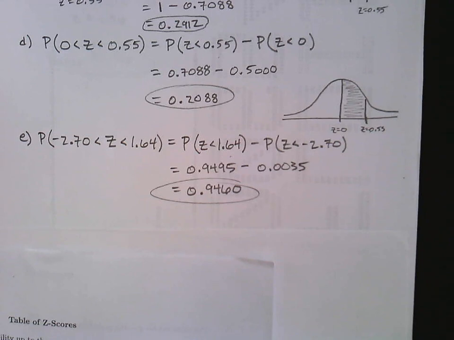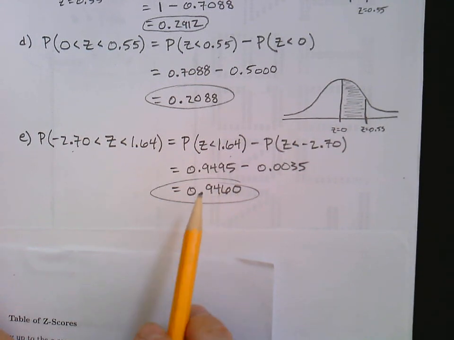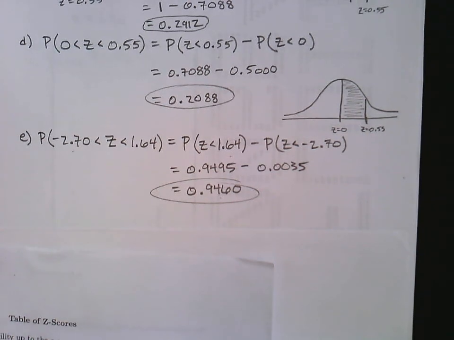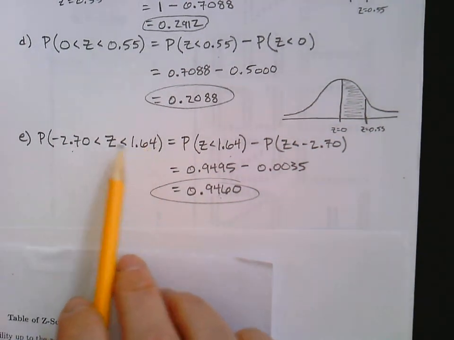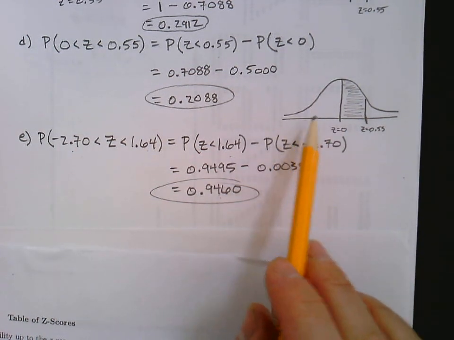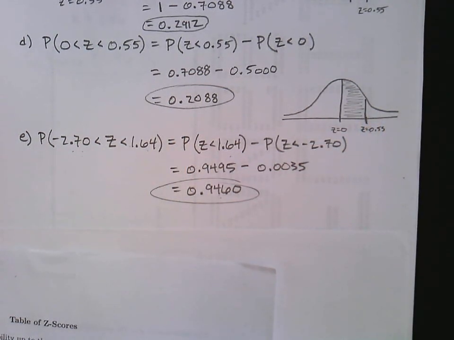There's the probability if you're between these two z-scores. Quite a bit: 94.6% of the data. Maybe give yourself a drawing there, similar to this last one, but we'd be spread out pretty far if we plotted both those z-scores. We'd be capturing almost everything, over 94%. Okay, let's pause, and we will pick it up in the next one.